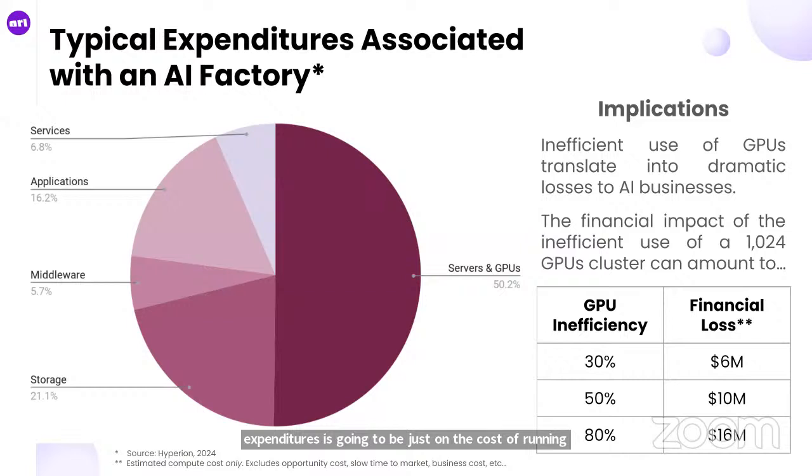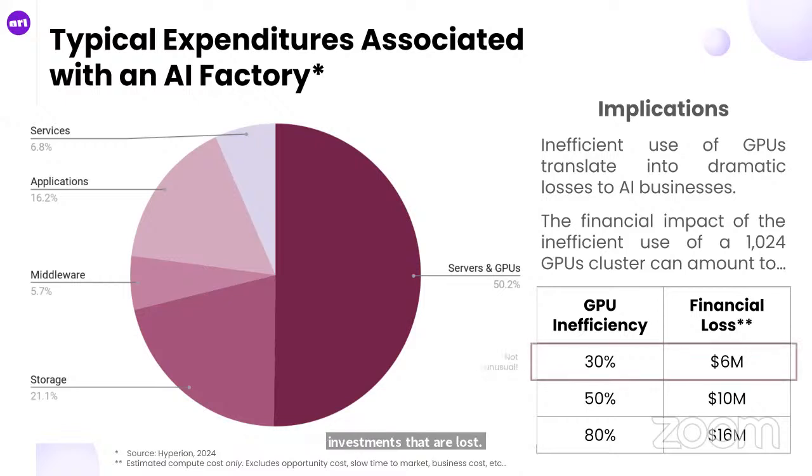Now, just doing a few basic math, the implication of using GPUs inefficiently can be fairly catastrophic. So if we're looking at the financial impact of using, say, 1,000 GPUs inefficiently, 30% or 50% or 80% loss of efficiency, we are literally looking at millions of dollars of investments that are lost.